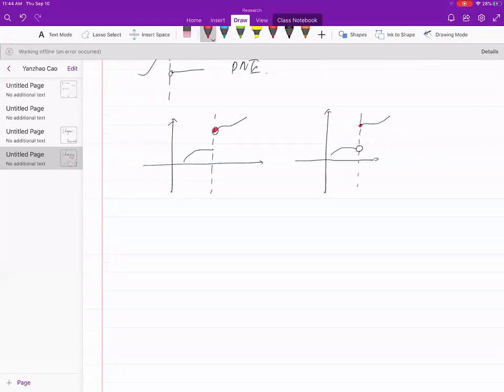It's still here. For the left case, what's the left limit? Here. What's the right limit? Still here. Can you see in both cases, the left limit and the right limit are the same, therefore they should have the same conclusion? Because the limit only depends on the left and the right limit. Since they don't change, the limit answer doesn't change, right?